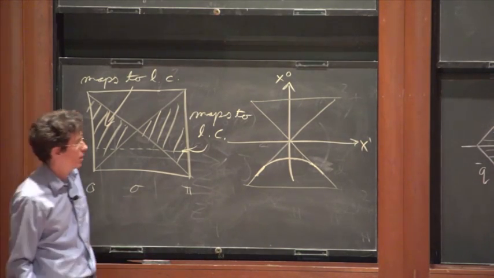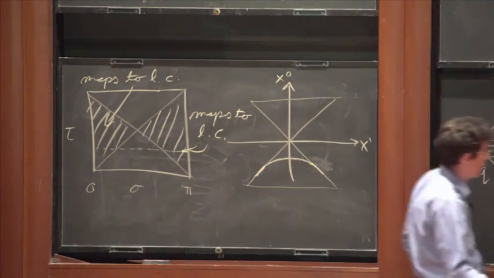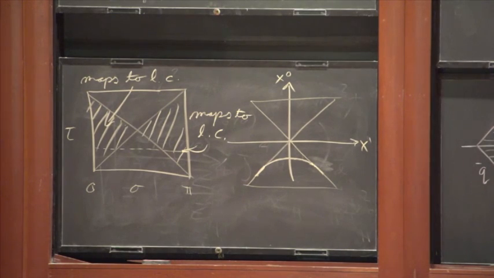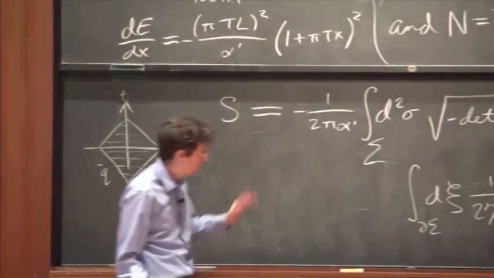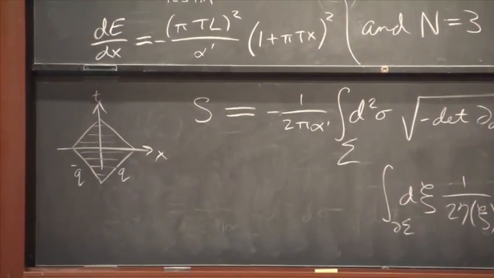That's the sense in which there's something funny going on in this action, which is most naturally described by adding an extra term, at least in the most natural gauges.